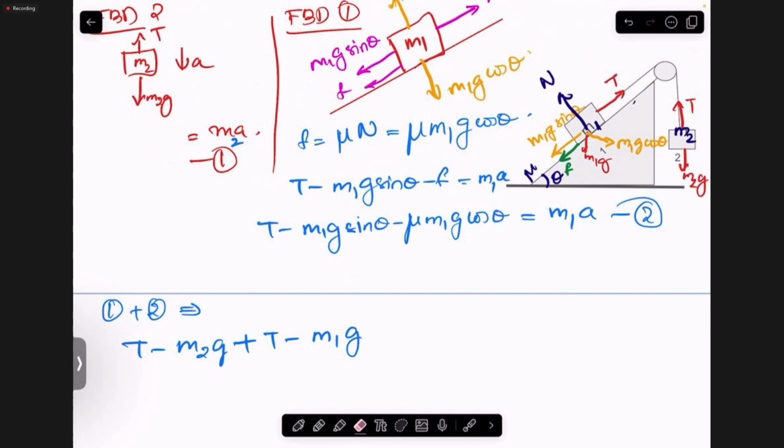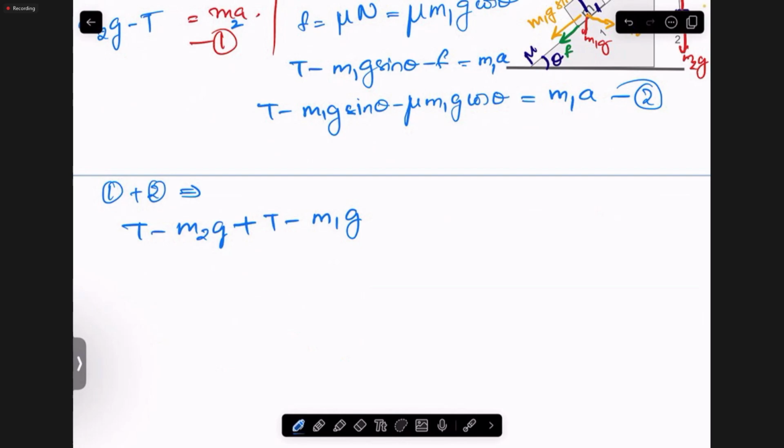That's why it is going downwards, right? So M2G minus T equal to M2A. That's why it is not getting. Now it will be M2G minus T plus T minus M1G sin theta minus mu M1G cos theta equal to M2A plus M1A.